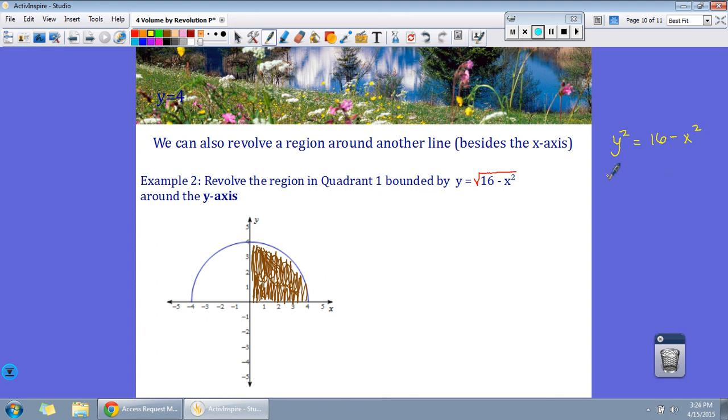And then I'm going to add x squared to both sides and subtract my y squared. And then, since it's only in quadrant 1, I'm just going to use the positive square root of 16 minus y squared. And I'm going to integrate that from 0 to 4.